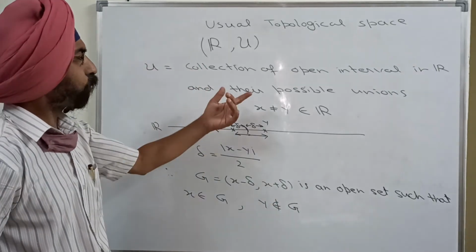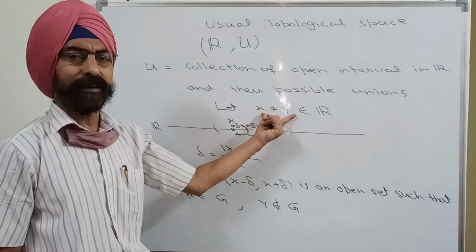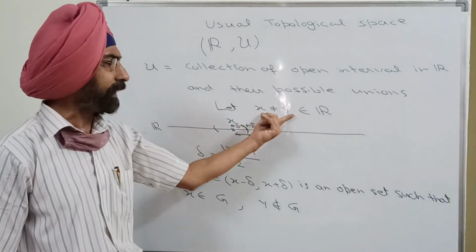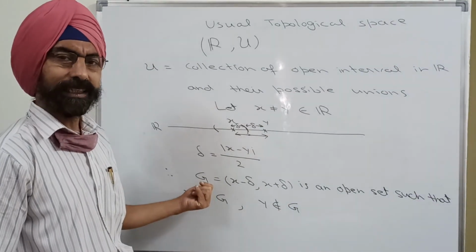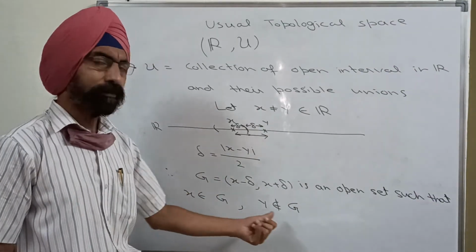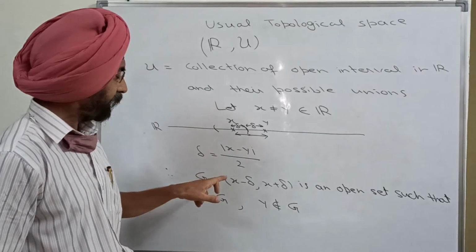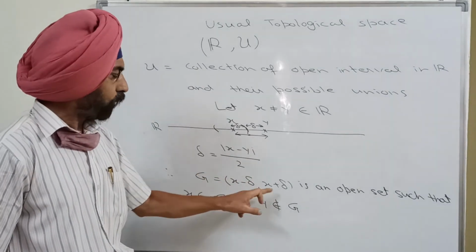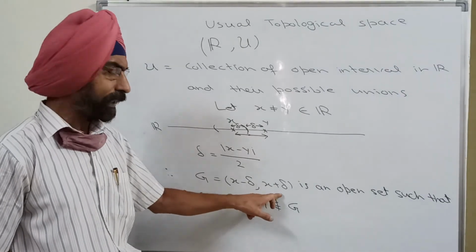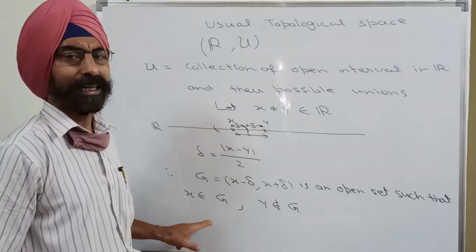So for any two distinct elements x and y, for any two real numbers, you have an open interval, that means an open set G, which contains one of them and not the other. If you had taken y minus delta and y plus delta, then your interval would have contained y but not x.